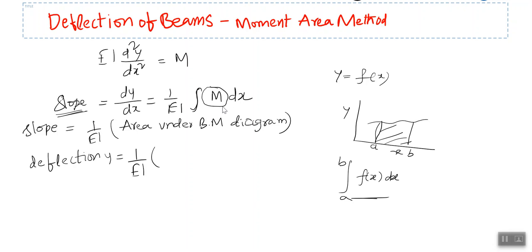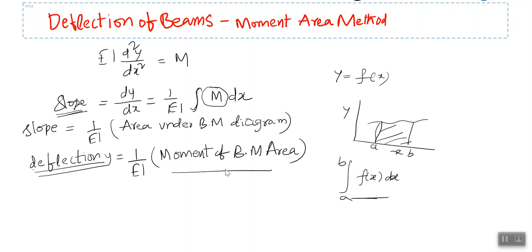That means 1 by EI times the moment of the bending moment diagram area. If we do this, we will get the deflection of any beam.